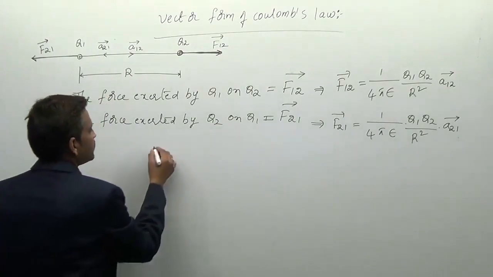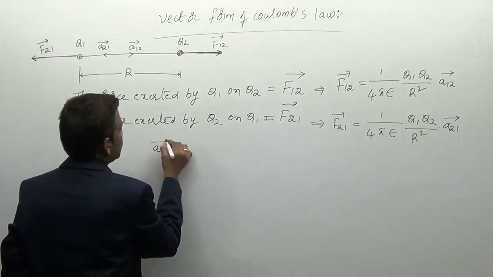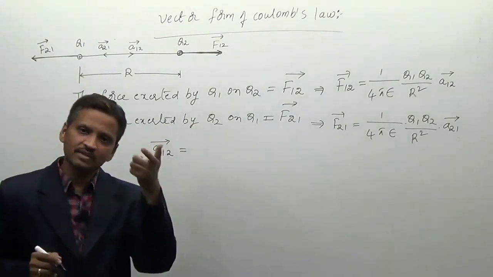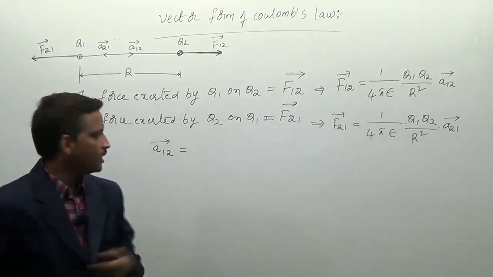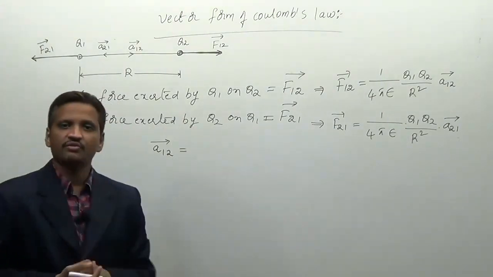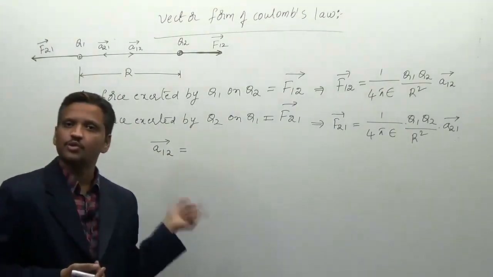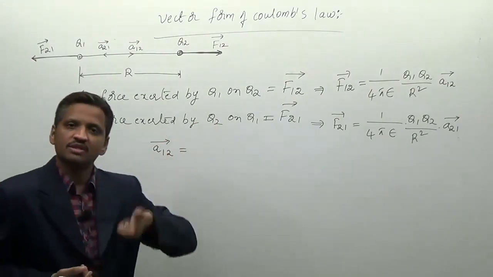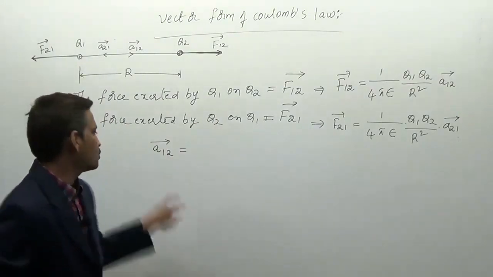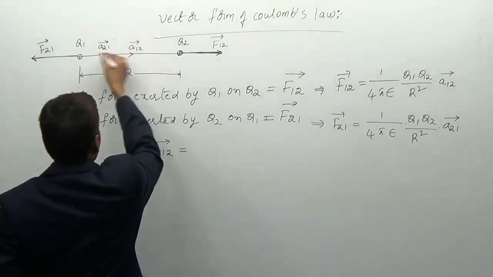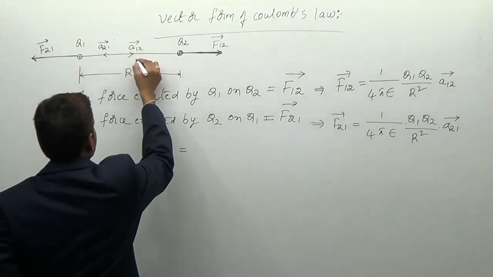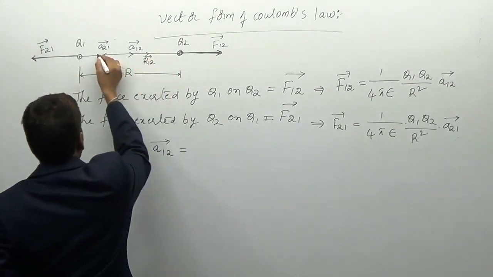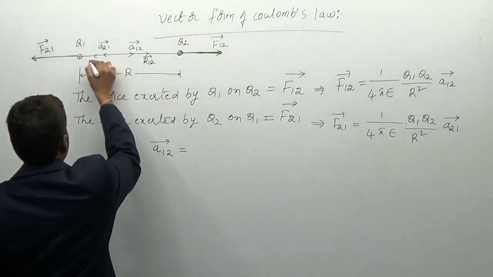So how do we define A12 and A21? A unit vector is always defined as a vector by its magnitude. It gives us the direction of F12, but we cannot take F12 vector by magnitude of F12 here. So this is always expressed as the position vector by its magnitude. The position vectors related to A12 and A21 are R12 position vector and R21 position vector.